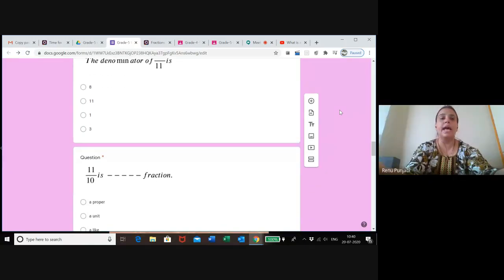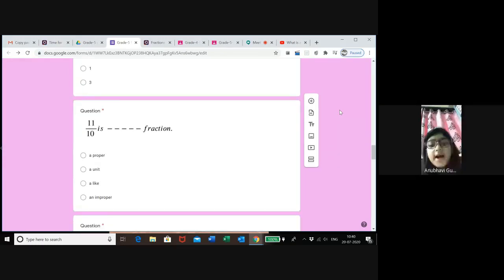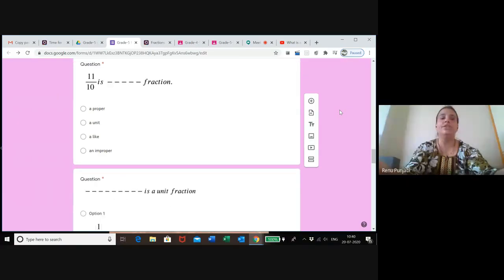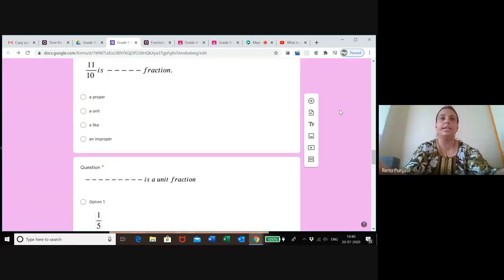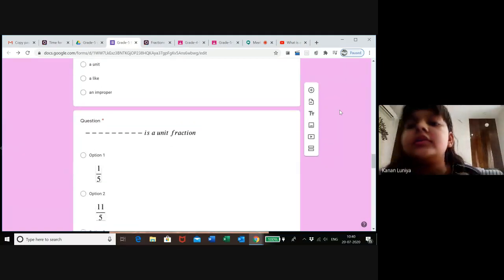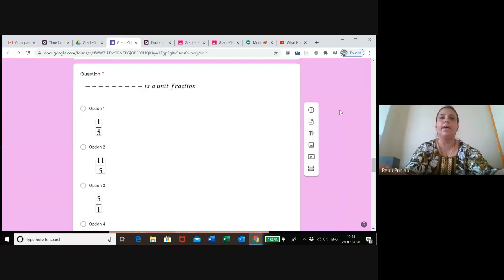11 upon 10 is a dash fraction. Which fraction is this when the numerator is greater? Improper. When the numerator is greater than the denominator, it's improper. Please switch off your microphone, everyone.